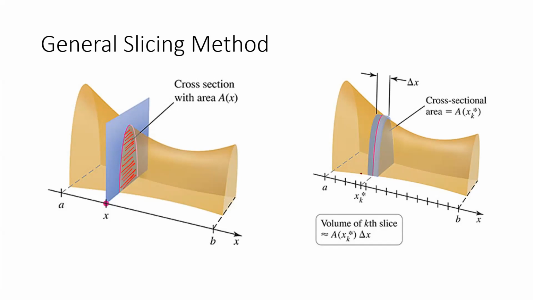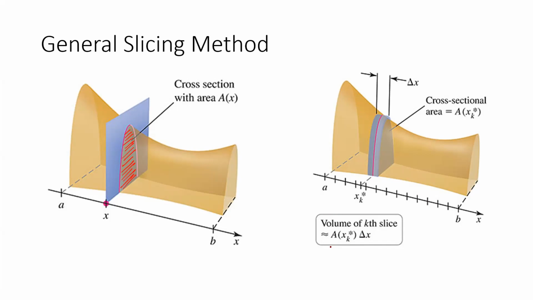And so we can take the volume of our kth slice, sort of like we were doing a moment ago. If I were to slice it up into n slices, equally spaced, so that they're all the same thickness, then the volume of my kth slice here would be approximately the cross-sectional area of that slice times its thickness, right?